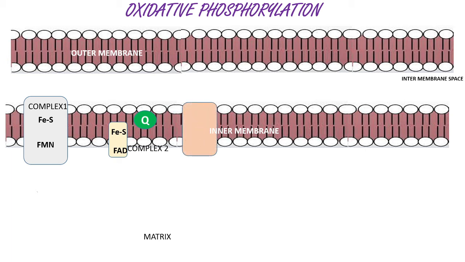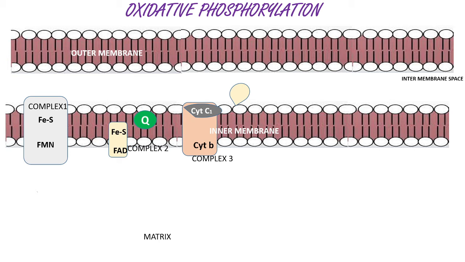Complex 3 has 2 important carrier proteins, that is cytochrome B and cytochrome C1. As we know, quinone can accept 2 electrons, but cytochrome B can take only 1 electron at a time.